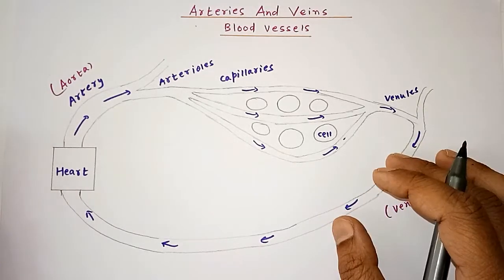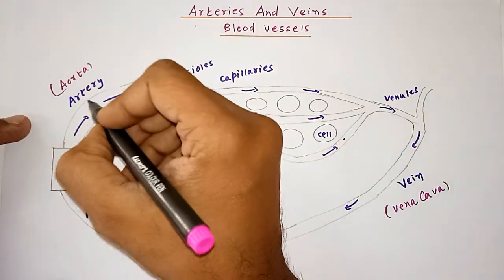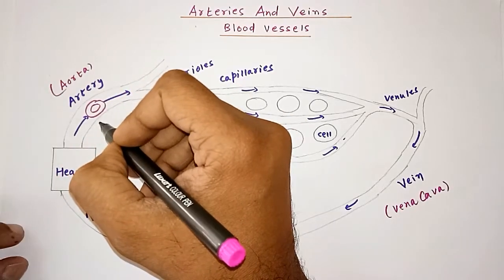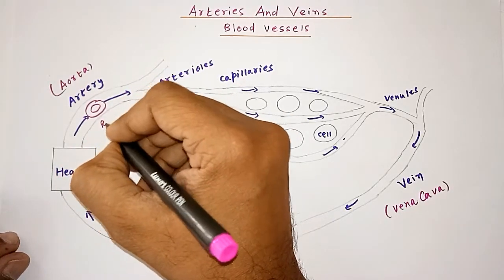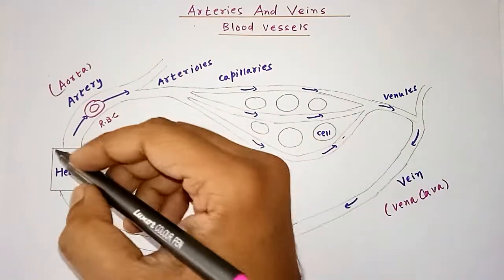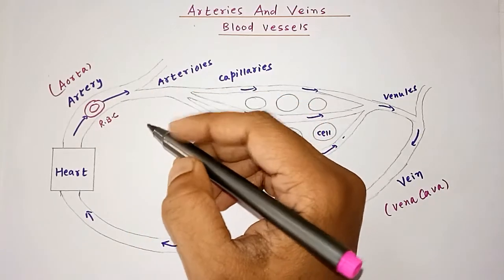Okay guys, now let's understand what is happening over here. So we have blood cells called RBCs, which are disc-like and biconcave in structure. So these are red blood cells. They are also called erythrocytes, and generally arteries carry oxygenated blood.